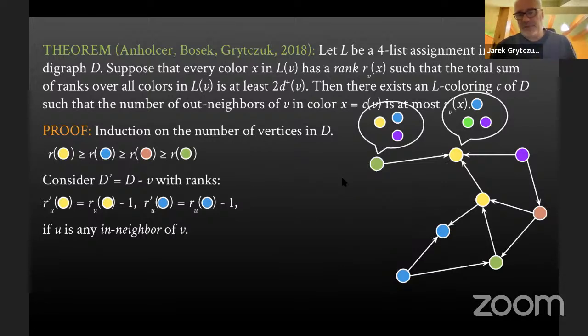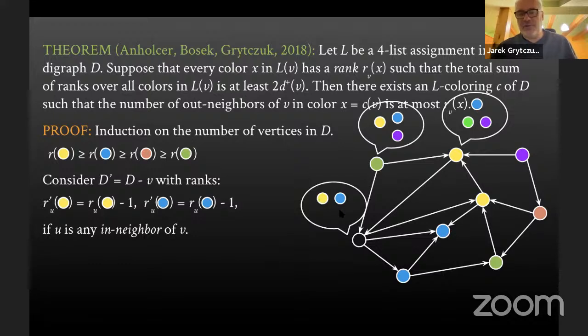So suppose we apply induction, we have this good majority coloring in D prime, and we go back with our vertex with these two colors. And I claim that we can extend the coloring and have the condition satisfied in this last vertex.